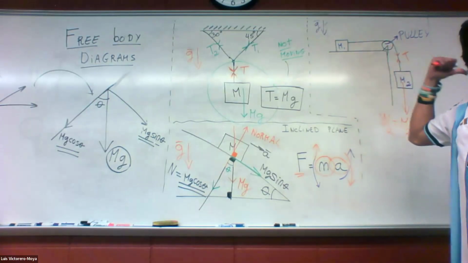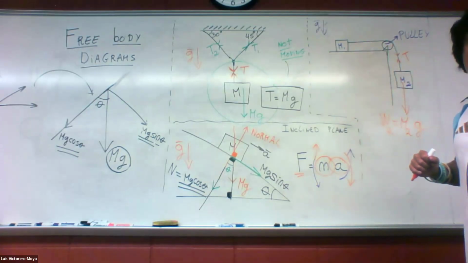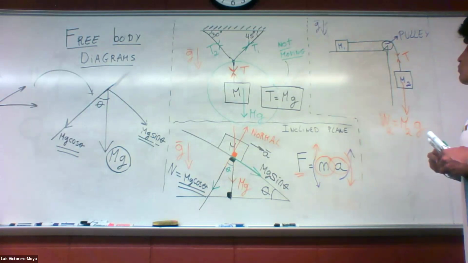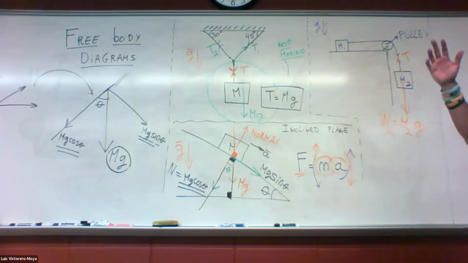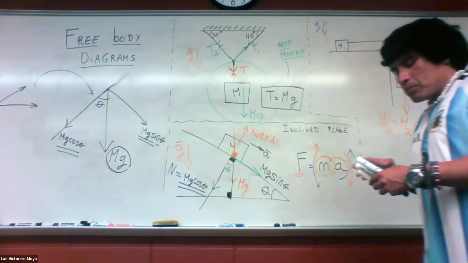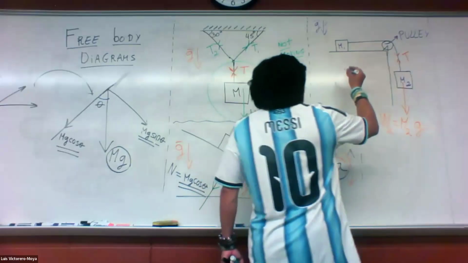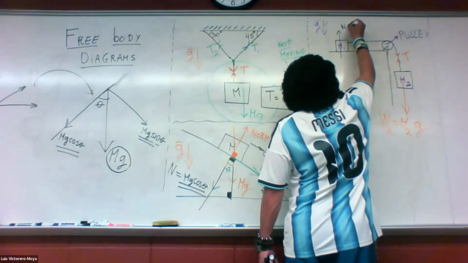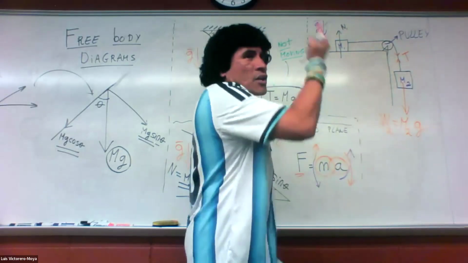Now M1. What's making M1 go to the right? Well, let's start with the easy one. What are the forces acting on M1? Normal force. So if there is normal, what else do you draw? No, that's a reaction.